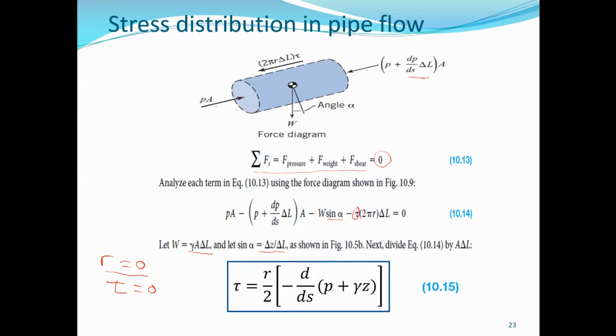So you have 0 shear stress at the center. Hence, you have the velocity to be maximum. That's why you have the velocity to be maximum at the center, because it is unaffected by the shear force. So when r equals 0, you have the shear stress to be 0, which corresponds to the center point.